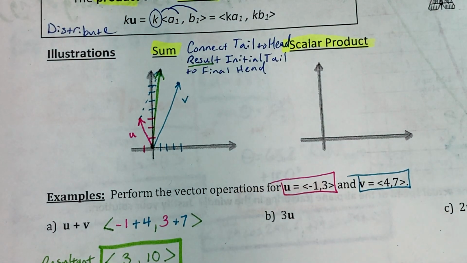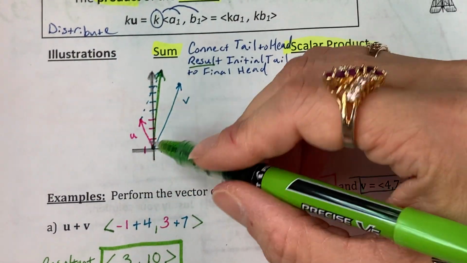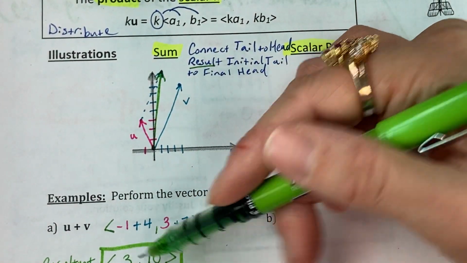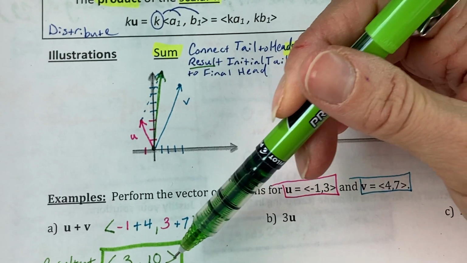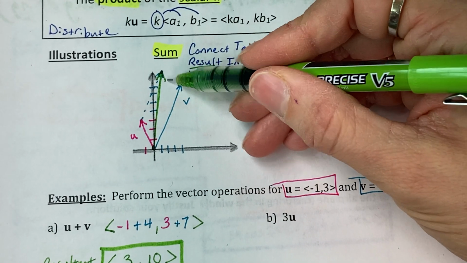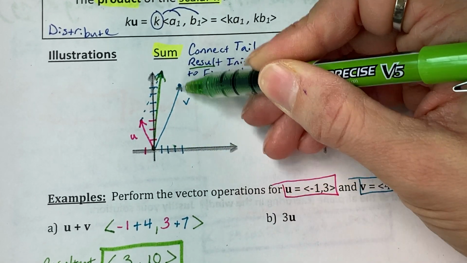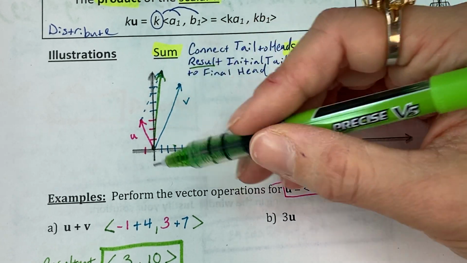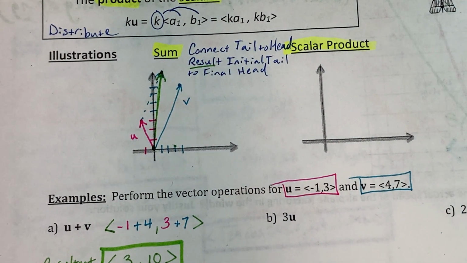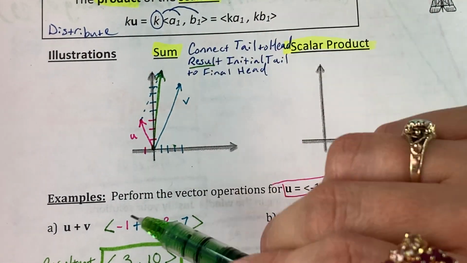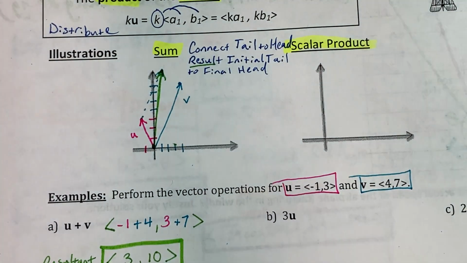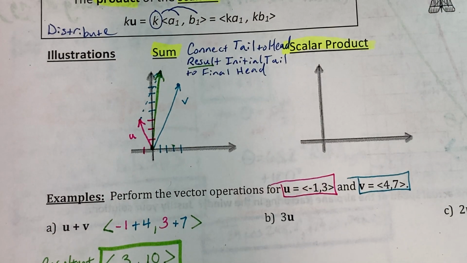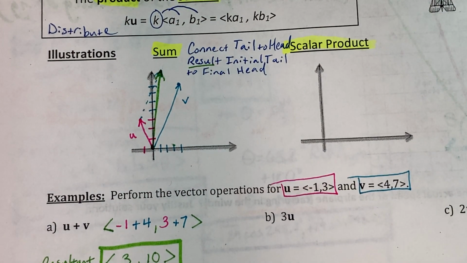And that gives me my resultant vector. Does it look like this has the component form of 3, 10? So a little bit slightly to the left of 4 and up 10. So it's not perfect because my scale is not exactly right, but we can definitely see that our resultant vector is in quadrant 1.